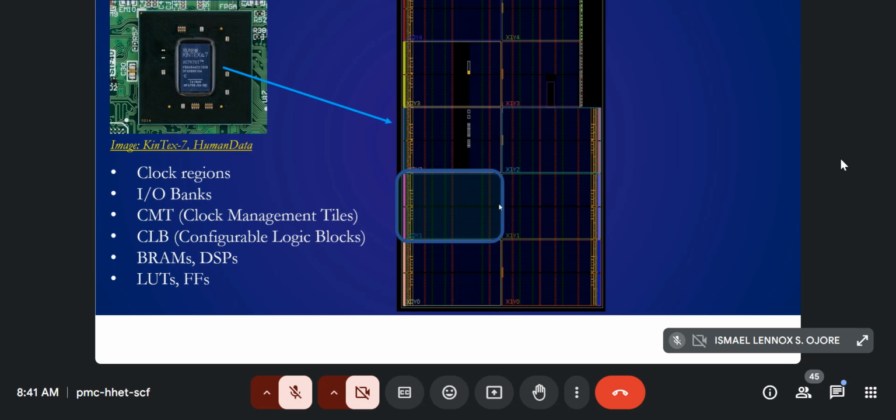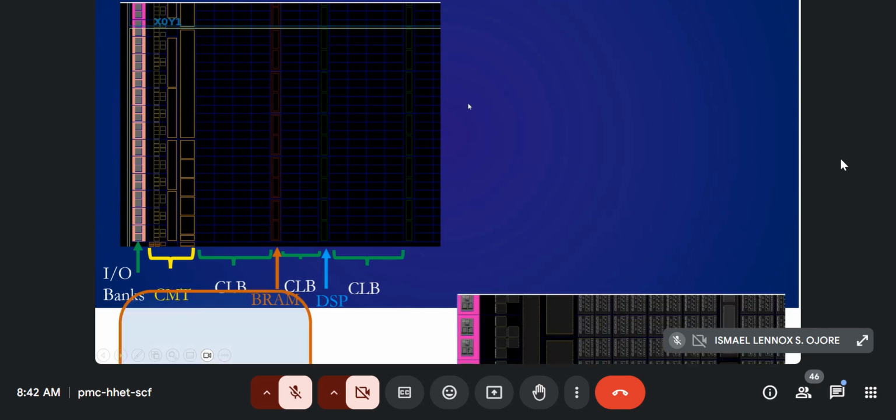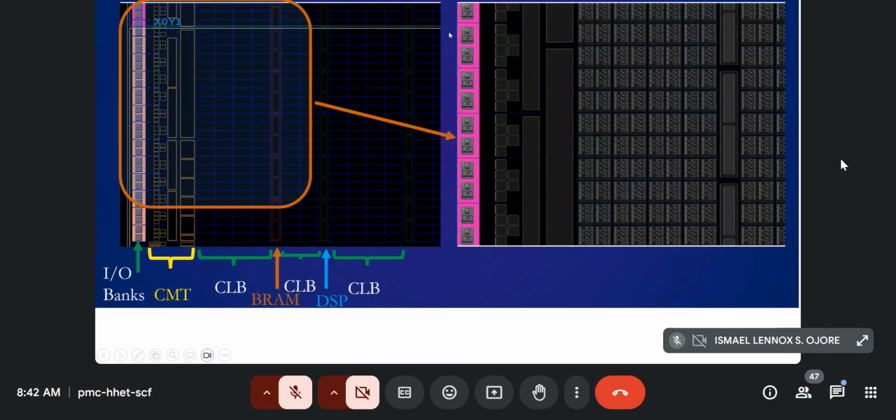But an FPGA has done the heavy lifting for you and gives you space to build your own custom hardware. So this is the structure of an FPGA inside, and what makes it programmable or configurable is the CLB.